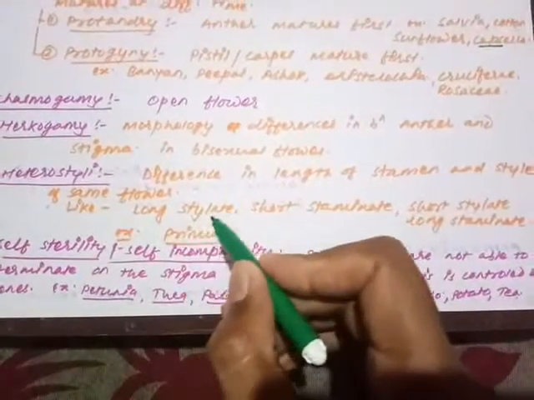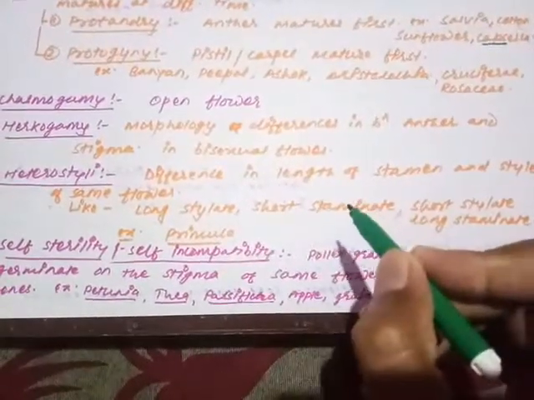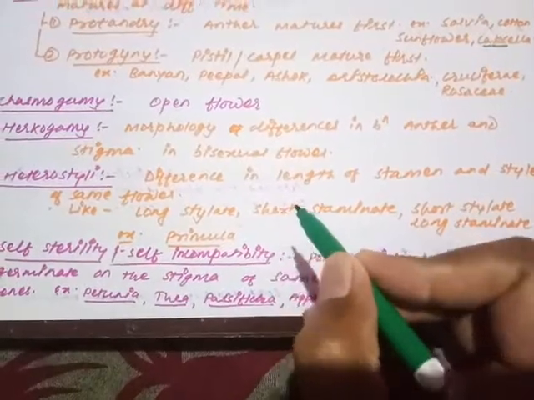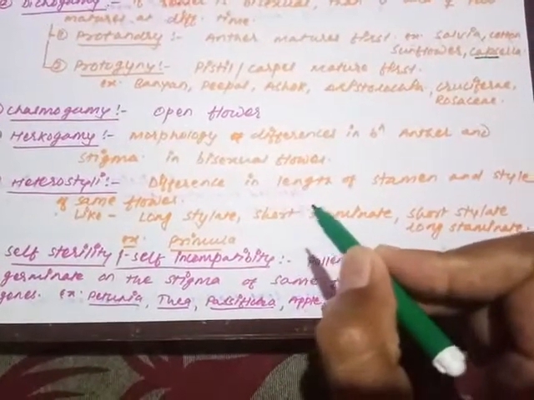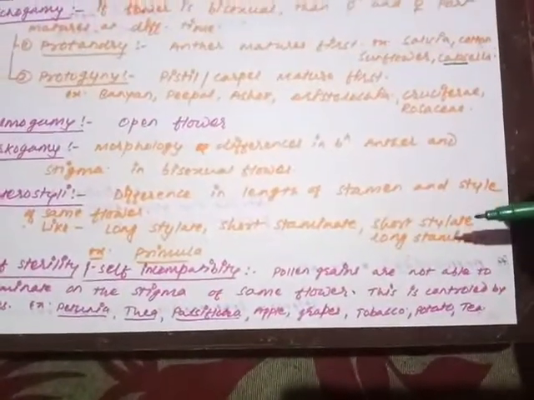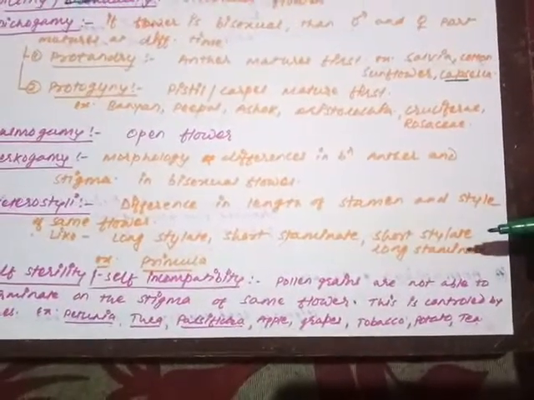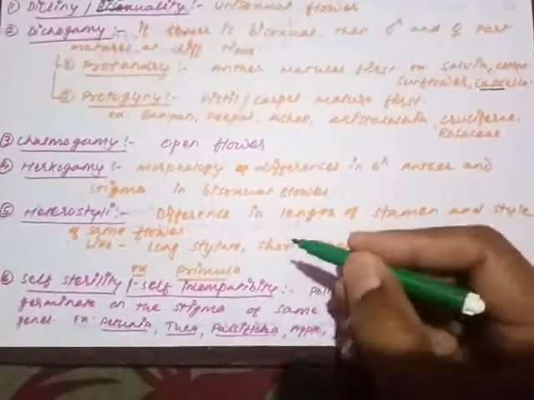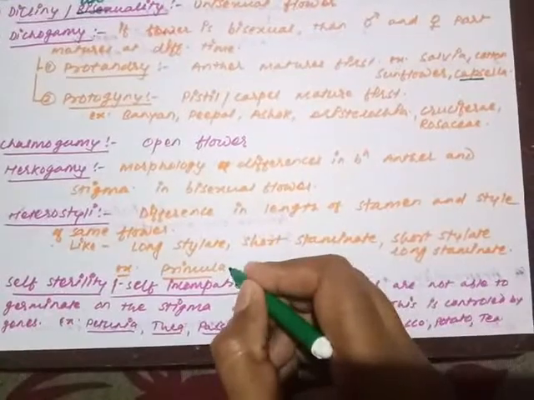It is clear to you all, I think. And vice versa, if the flower is short stylate, it will be long staminate. Very important question. The example for that is primula.